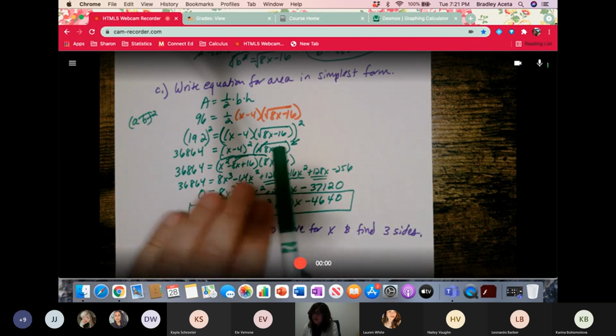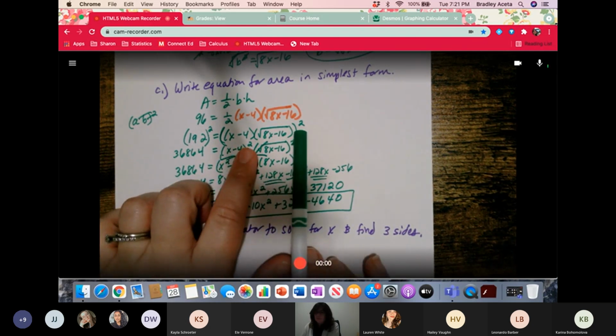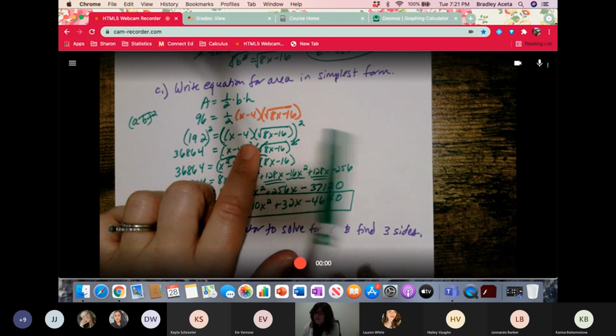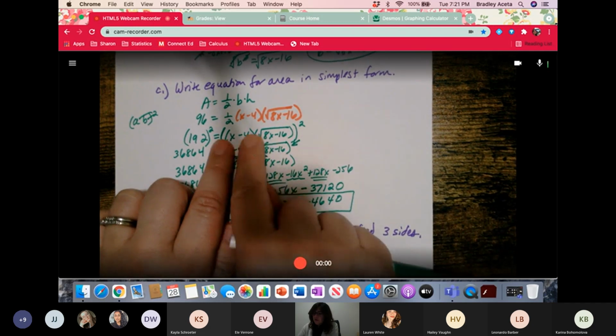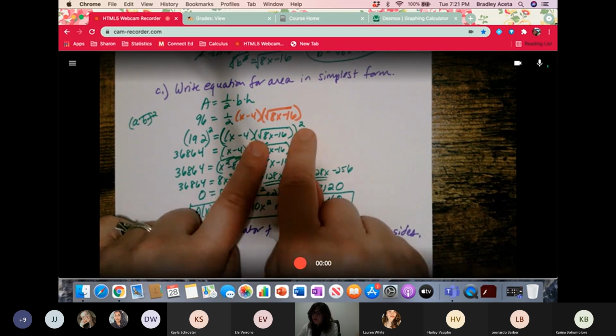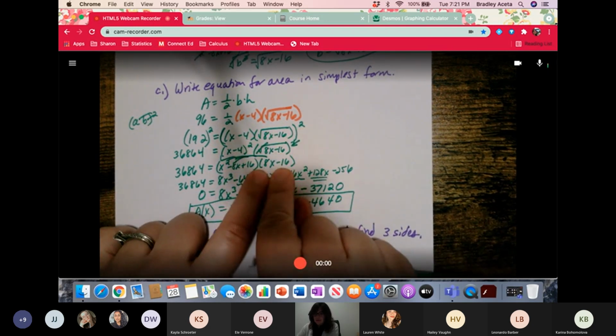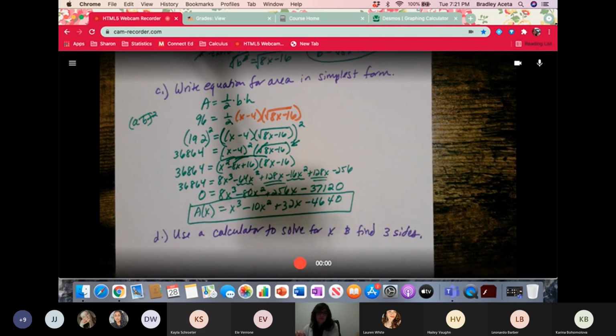Hopefully you understood what I just did here. When you're squaring two things that you multiply, you square the one, which means you have to FOIL that because it's a binomial. Squaring a square root undoes it, and then you'd have to distribute it all out. So it's a pain, but you can do it.